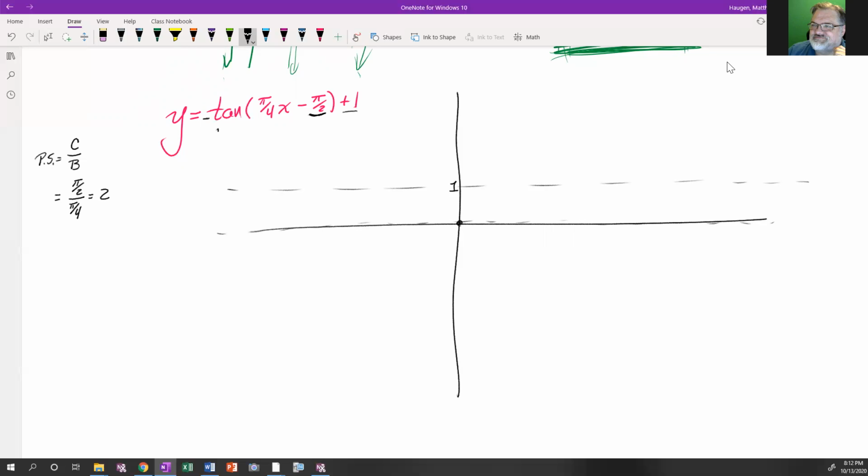Or we can go up here and factor out that pi over 4 if you like having it in this form. Just depends on what your preference is. Whatever makes you happy. So that gives us our phase shift of 2. So I'm going to go over 1, 2. So that's where the center of that sweep is going to be.